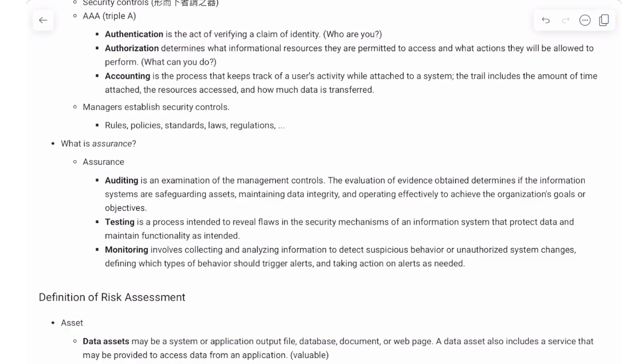If not, maybe they send an alert to the manager, who can go to the classroom and make sure every student wears a mask. So establishing security control is one thing, but accurately implementing those security controls belongs to assurance. You need monitoring systems, testing systems, and auditing systems.